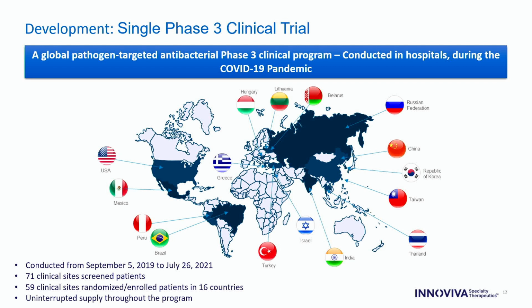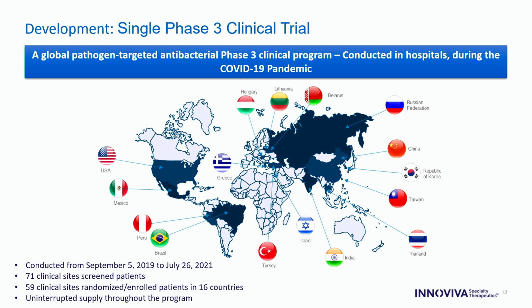A couple things I want to mention is, as I've said, it is an incredibly complex clinical study design. I want to add that the clinical sites were in hospitals during the COVID-19 pandemic. You could imagine the complexity associated with conducting a study such as this one in the middle of the pandemic.